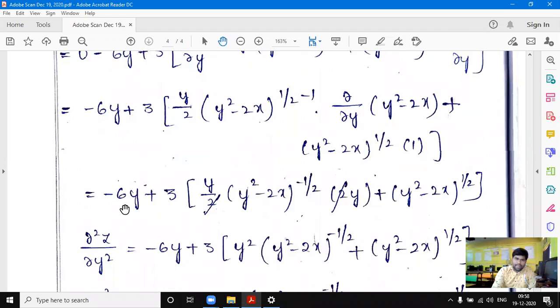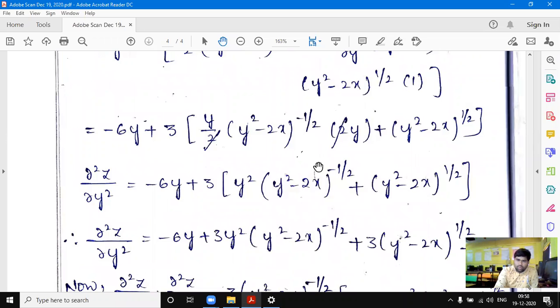Okay, so see, −6y plus 3 into y/2, and here the differentiation of this one: y/2 into (y² − 2x) whole to the power of 1/2 − 1, which is −1/2. The differentiation of this term is 2y, because y² differentiates to 2y and the x term becomes 0, plus (y² − 2x) whole to the power of 1/2.